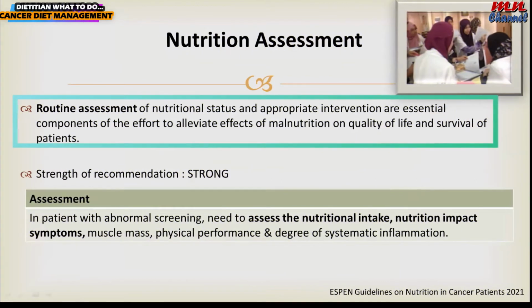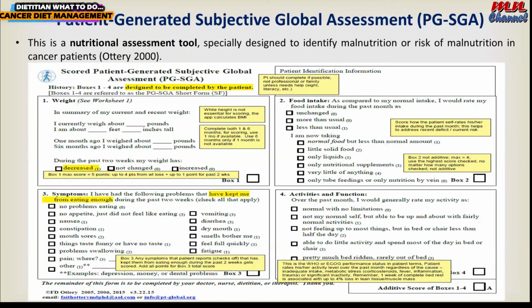Okay, so routine assessment is to assess the nutritional intake and of course the nutritional impact symptoms that are very common among cancer patients. So this is the PG-SGA. PG-SGA is a nutritional assessment tool. It's validated to be used for cancer patients. So they have these 2 pages.